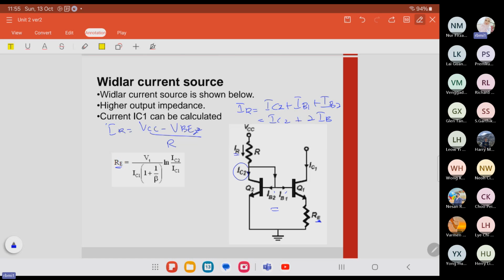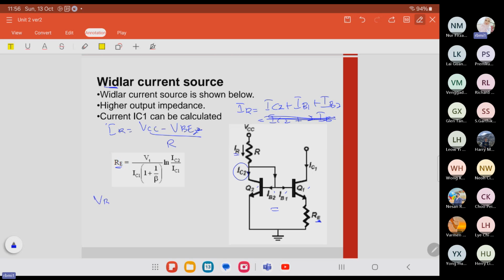For this one, it is not identical for Q1 and Q2, so we cannot use the second one. It is slightly different between Q1 and Q2 for Widlar.